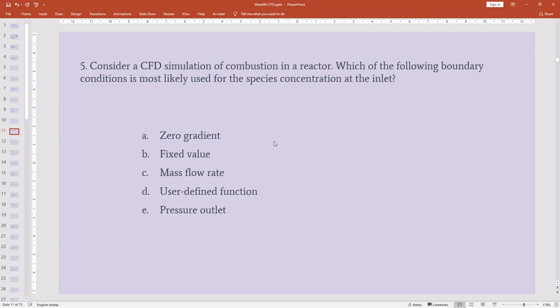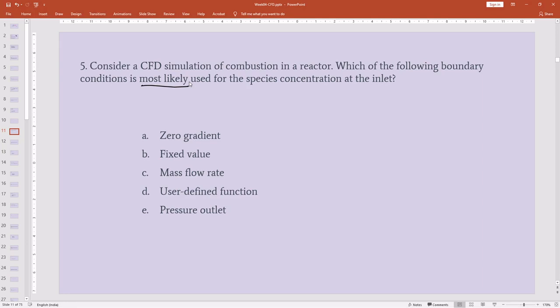Consider a CFD simulation of a combustion reactor. Which of the following boundary conditions is most likely used for the species concentration at inlet? In the question, it's asking for the inlet boundary condition, and also the question says most likely, because most of the options can be taken as an inlet boundary condition.